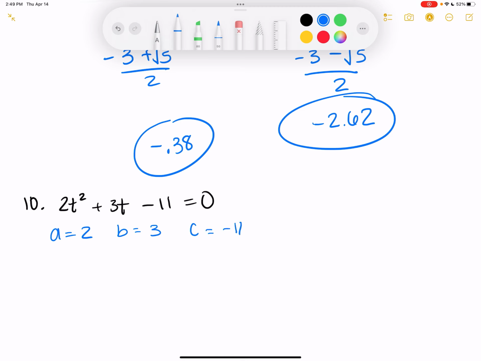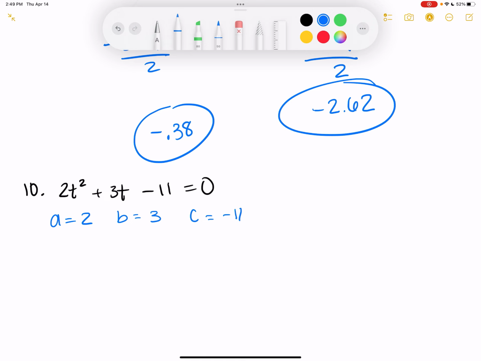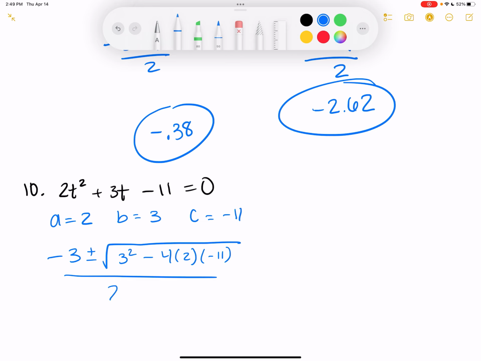So now I'm gonna plug in. I'm not gonna rewrite the formula. It's behind Ava's head if you need to look at it. I'm gonna see if y'all can tell me what to fill in. Negative 3 plus or minus the square root of 3 squared minus 4 times 2 times negative 11 over 2 times 2.